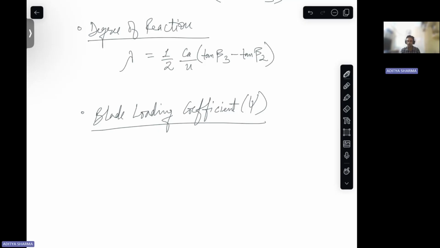So with respect to this, how much work are we getting? The expression for this is tan beta theta.